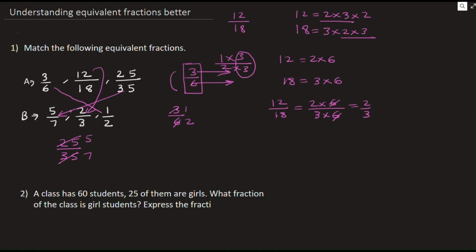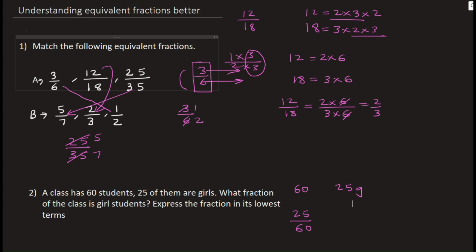Then I can also do a word problem on equivalent fractions. A class has 60 students, 25 of them are girls. What fraction of the class is girl students? Express the fraction in its lowest terms. So basically I have the total number of students in the class as 60, and 25 of them are girls. So the fraction that are girls is 25 over 60, and express this in its lowest terms.